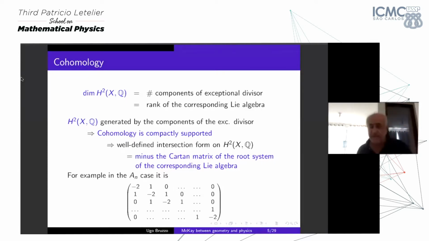Actually, this is well defined because these cohomology classes have compact generators. So the cohomology is compactly supported, so computing the intersection makes sense. We have, in other terms, a well-defined intersection form on the second cohomology group, and this happens to be exactly minus the Cartan matrix of the root system of the corresponding Lie algebra, right?